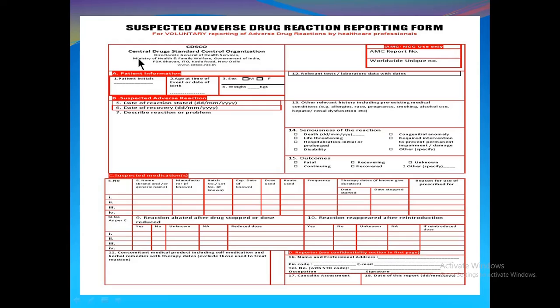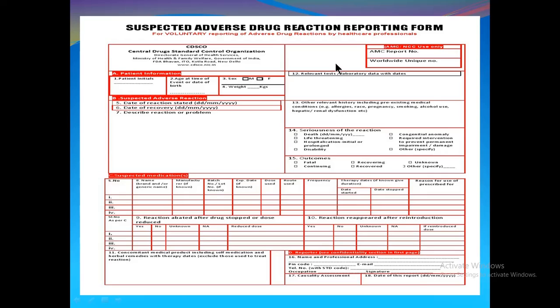CDSCO runs under the guidance of Directorate General of Health Services. On the left upper corner of the form, the address of CDSCO is present, while the right upper corner of the form has a space for AMC report number and worldwide unique number to be filled by AMC or NCC when a suspected ADR has been reported to them.